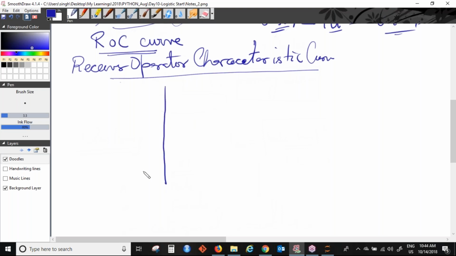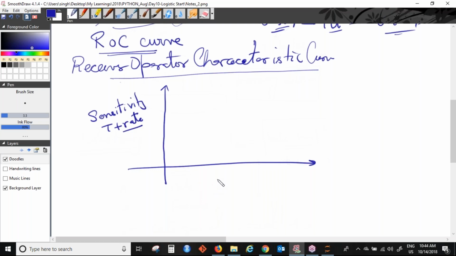It is a plot between sensitivity, which you have on the y-axis, which is the true positive rate, and the false positive rate, or 1 minus specificity, on the x-axis.